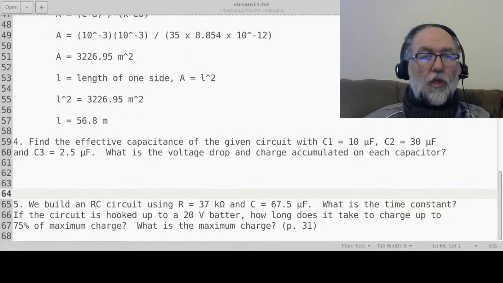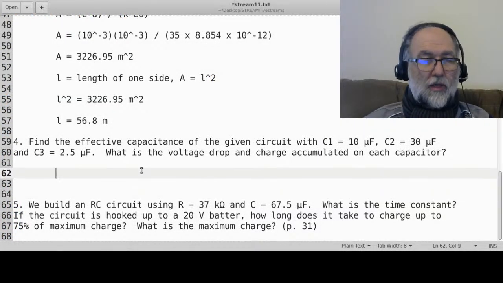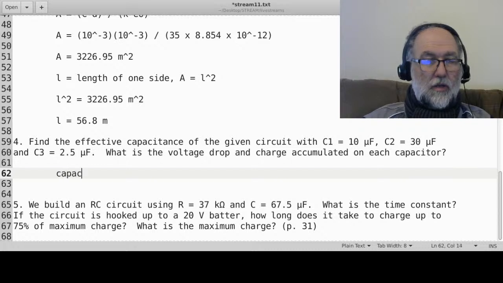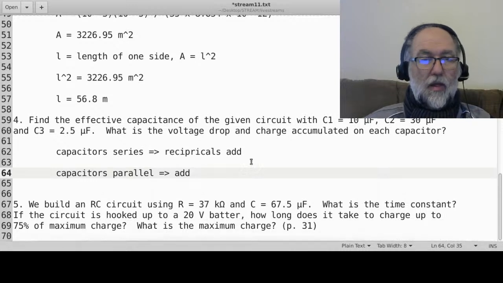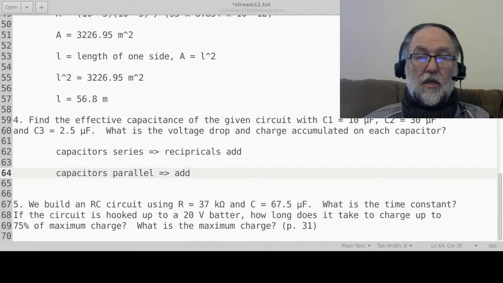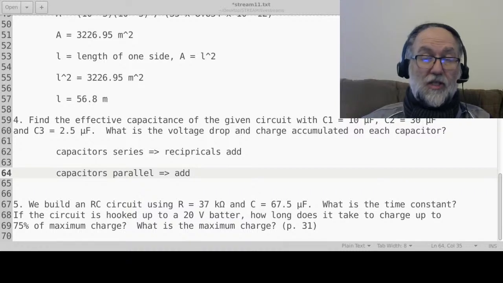Well, you have to remember that with capacitors, if they're in series, the reciprocals add. And capacitors in parallel, they just add. This is the exact opposite of what you expect with resistors, so keep that straight.